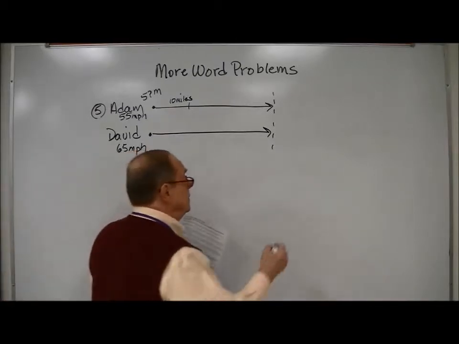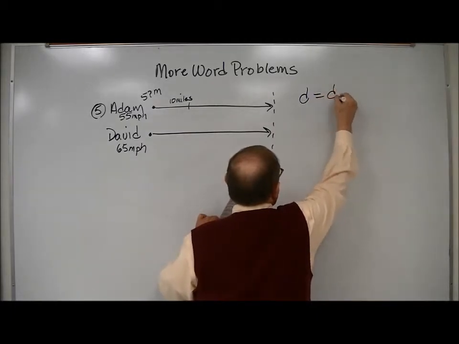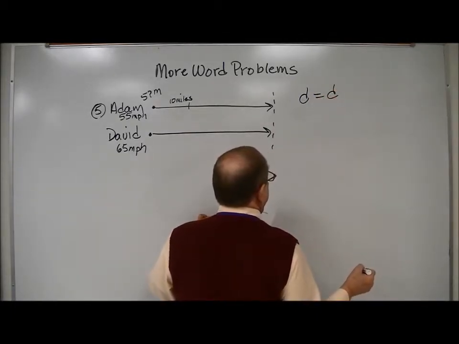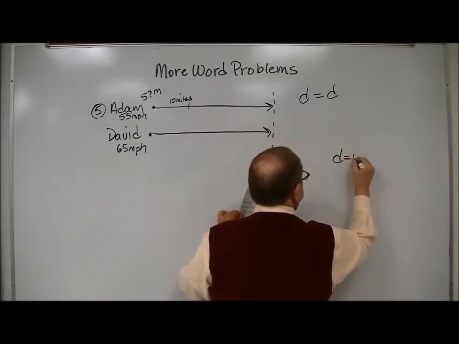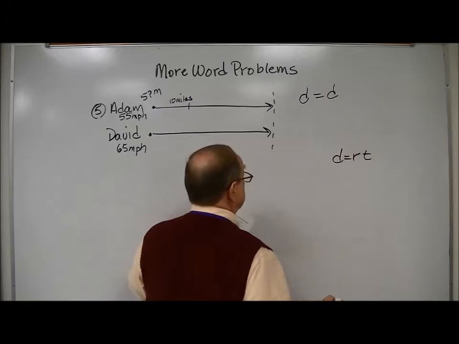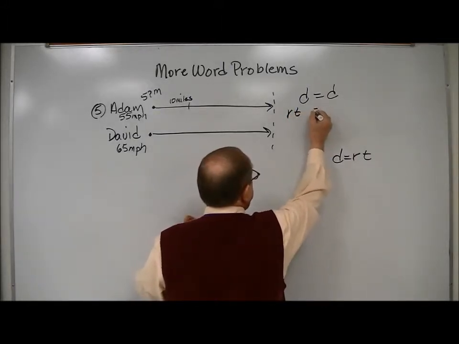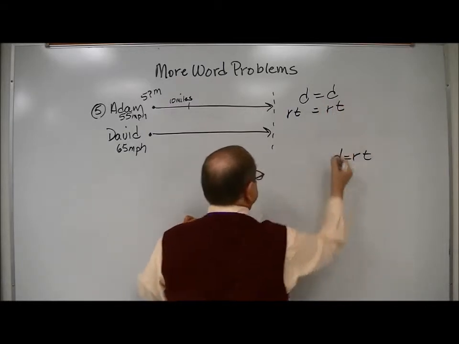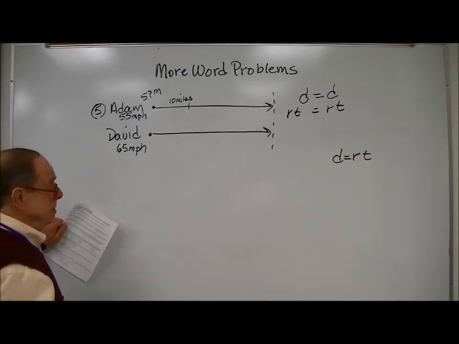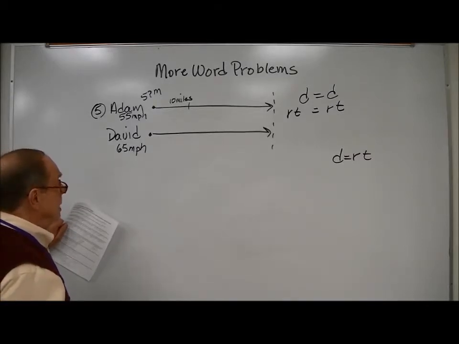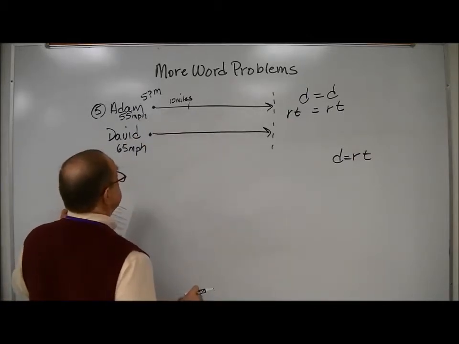So we're going to use the formula distance equals distance. And you recall that distance equals rate times time. So we have rate times time will equal rate times time. Now we know the time is the same. So what will this distance be?